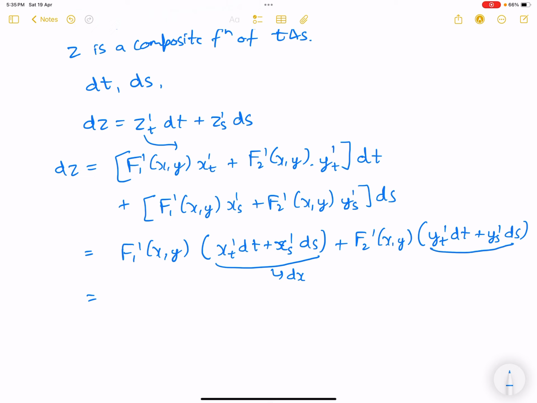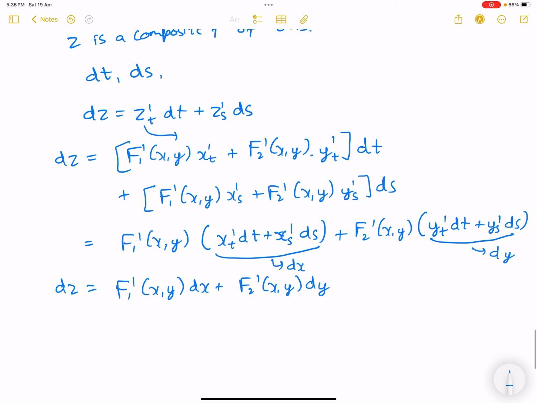This particular thing is nothing but dy. So what we are getting is f1 dash(x,y) dx plus f2 dash(x,y) dy. So del z equals to this.